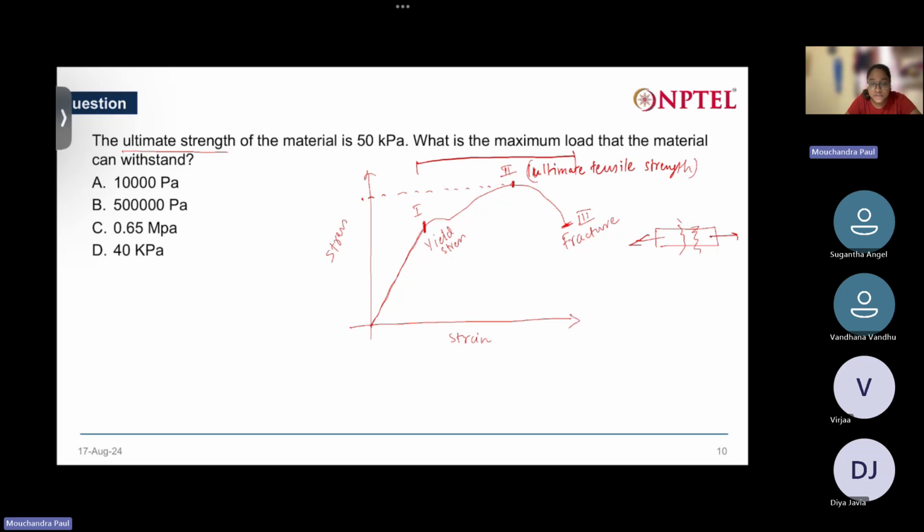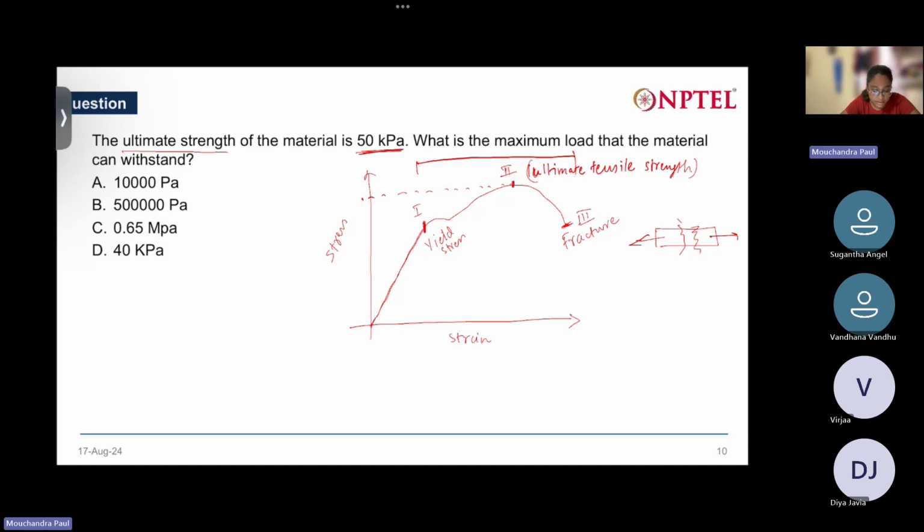Okay. So in this question, it is mentioned that a material's ultimate strength is 50 kilopascal. Remember, it is the highest strength. So what is the maximum load then that the material can withstand?